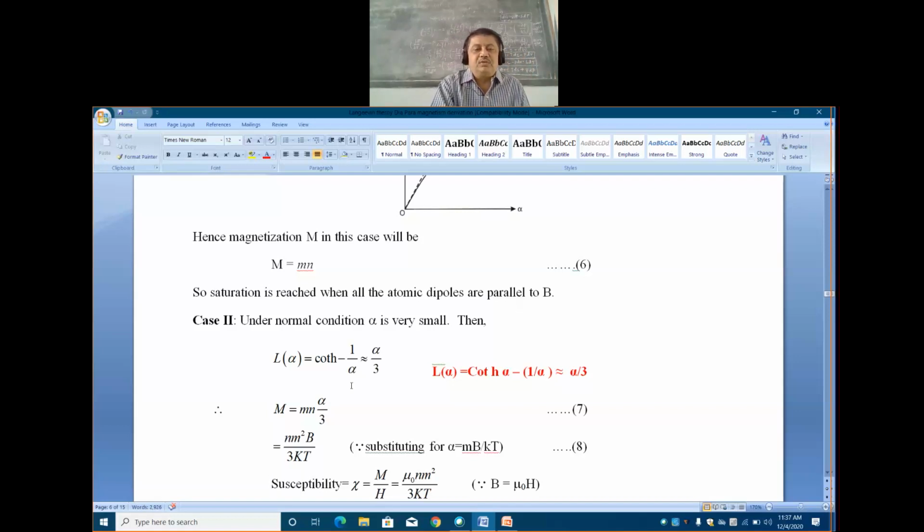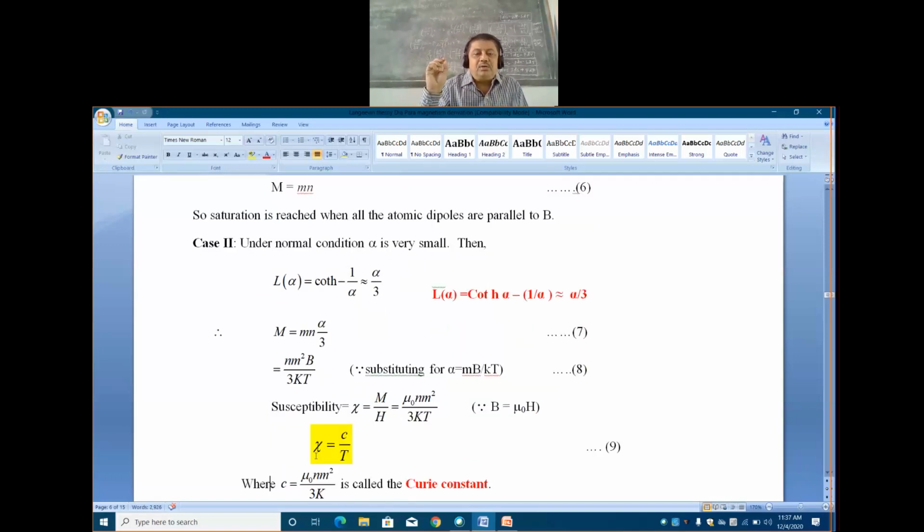Substituting for alpha, that is mB by kT, this becomes N m square B by 3kT.